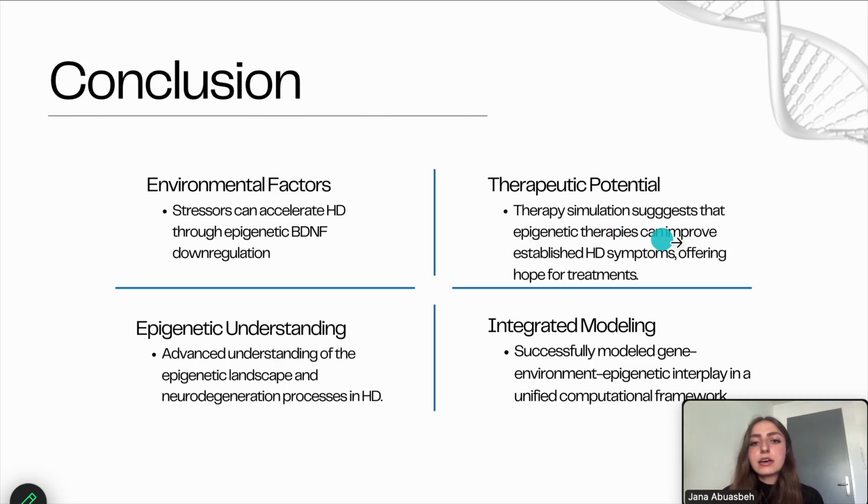And this model also models therapeutic potential. This therapy simulation suggests that epigenetic therapies can improve established symptoms of Huntington's disease, and this offers hope for treatments. And finally, this model successfully integrated genetic, environmental, and epigenetic factors in one computational framework.